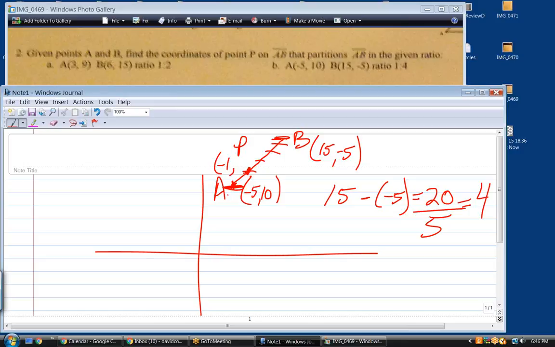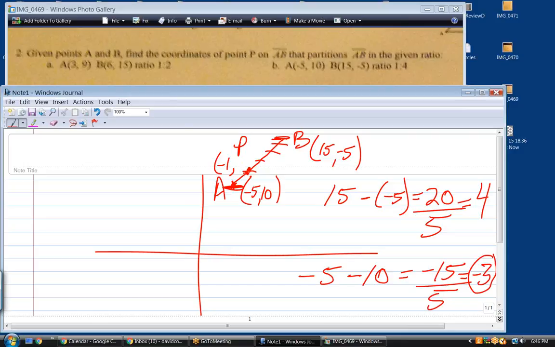Correct. Okay. Now, to get from 10 to minus 5, I'm taking minus 5 minus 10. That's minus 15. I'm going to divide that up into 5 parts. In this case, my differential in the y is -3 between each point.